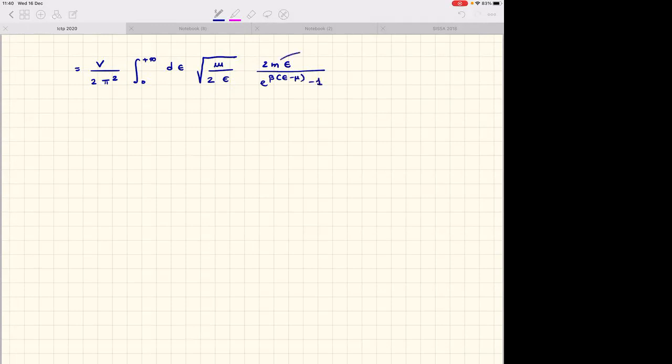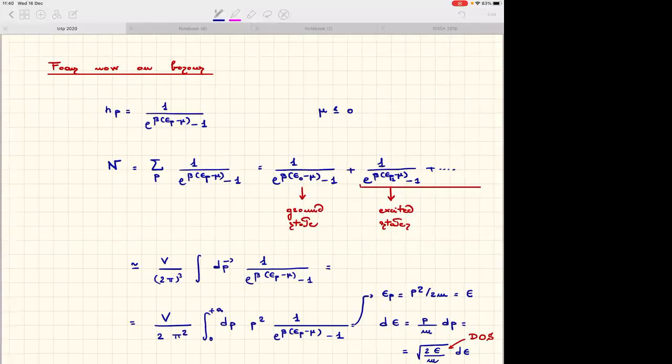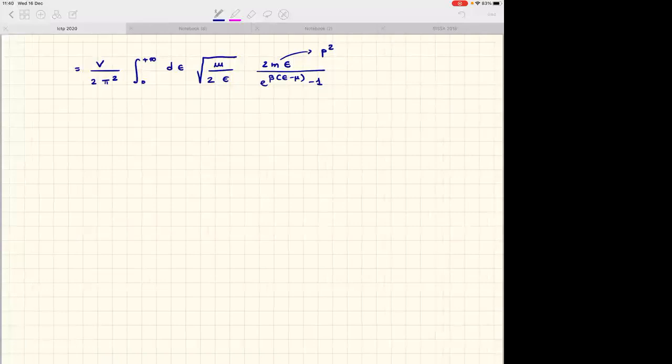The 2m epsilon is just p squared. You see that in this integral I have this p squared sitting here. So let me simplify things here.